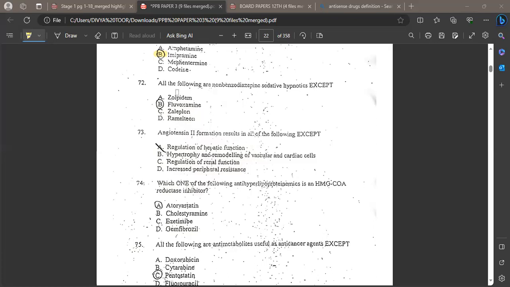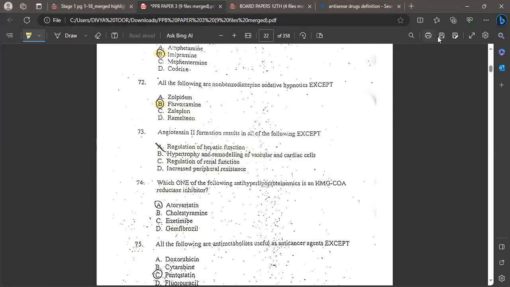I don't know about this. So this and this are out. It's one of these two. Even ramelteon is a non-benzodiazepine. Then that's your answer. Fluvoxamine is an SSRI. Okay.